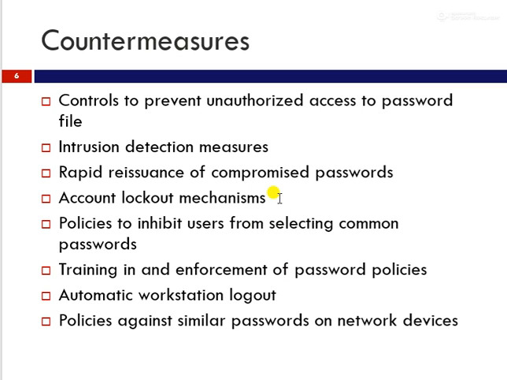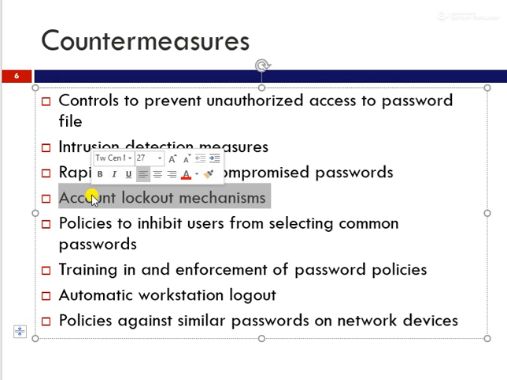If you have failed to provide the correct password 3 times or 5 times, then after that you are not allowed to access that network, that account, and the account will be locked automatically. So account lockout mechanisms are the possible countermeasure against specific account attack.